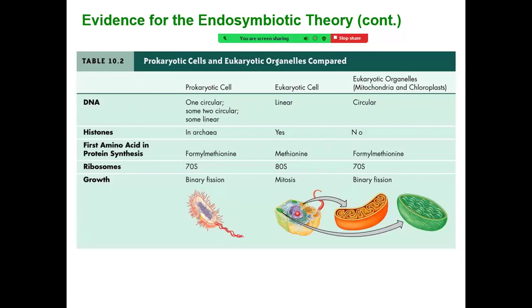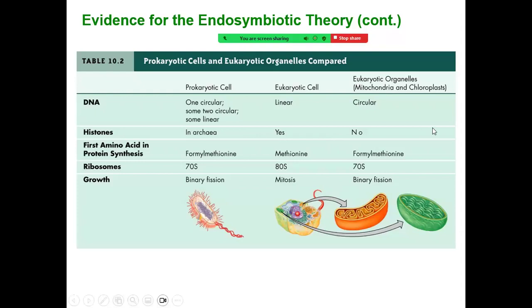When we look at the first amino acid made in protein synthesis, in a eukaryote, it's always methionine. In a prokaryote cell, it's a related amino acid, but it's a different amino acid. It's formylmethionine.